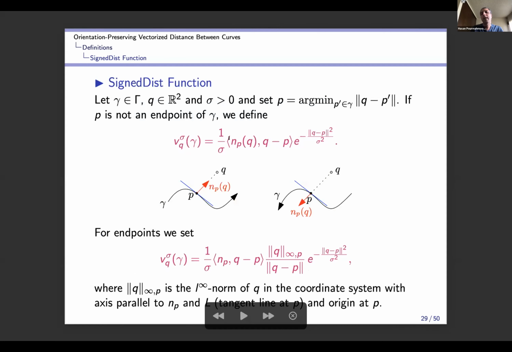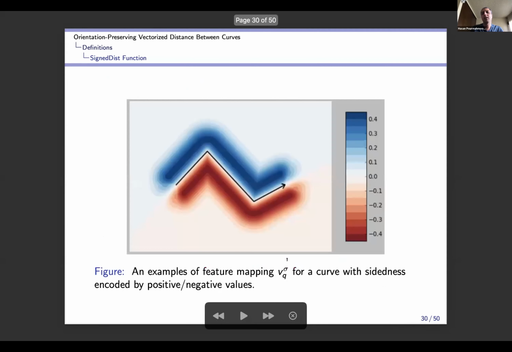The dot product between Q minus P and NP, because of this notation here, becomes 0. In fact, if you consider NP here, the normal vector, it is orthogonal to this vector. So if the point is here, the inner product is 0.